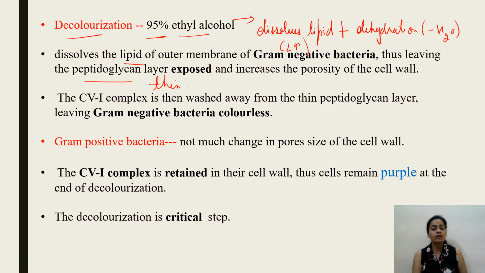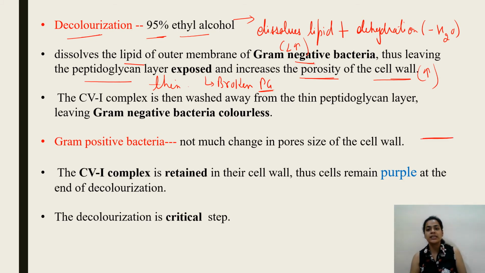Then when it causes dehydration, even that thin peptidoglycan layer will get broken up in the case of the gram negative bacteria, and as a result the porosity of the cell wall increases a lot. I'll just repeat it again. What happened once we add the ethyl alcohol in the case of the gram negative bacteria?